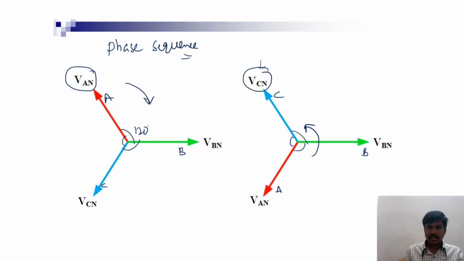Also the magnitude is the same in all three phases, so you need to remember to draw every phasor with the same length. This is the representation of phase sequence.